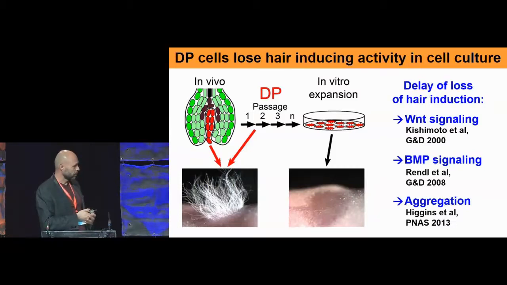Bruce Morgan has shown over 15 years ago that Wnt signaling plays an important role, yet hair-inducing activity is lost. We have shown later that BMP signaling also is beneficial, but yet hair induction is lost. Claire Higgins, when she was with Angela Christiano, recently showed that the cells like to aggregate, and aggregation has also beneficial effects.